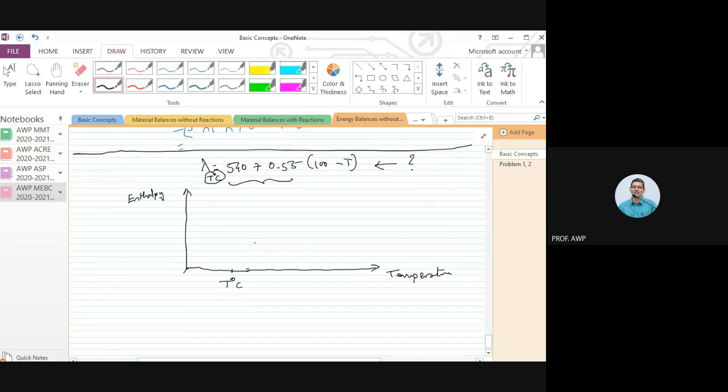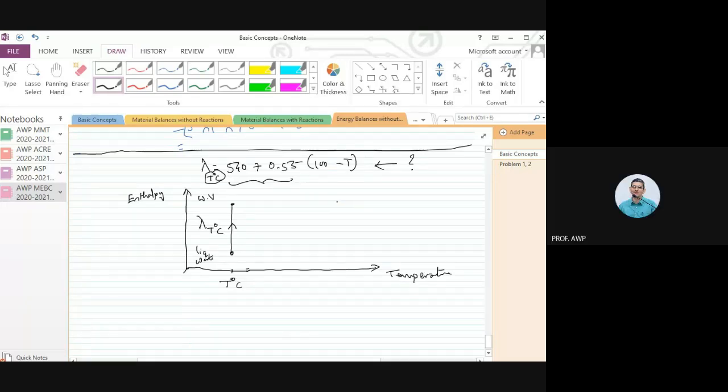So now we want to convert 1 kg of liquid water to water vapor. So this step is nothing but lambda at T degrees centigrade. Do you agree with this? Yes, sir.